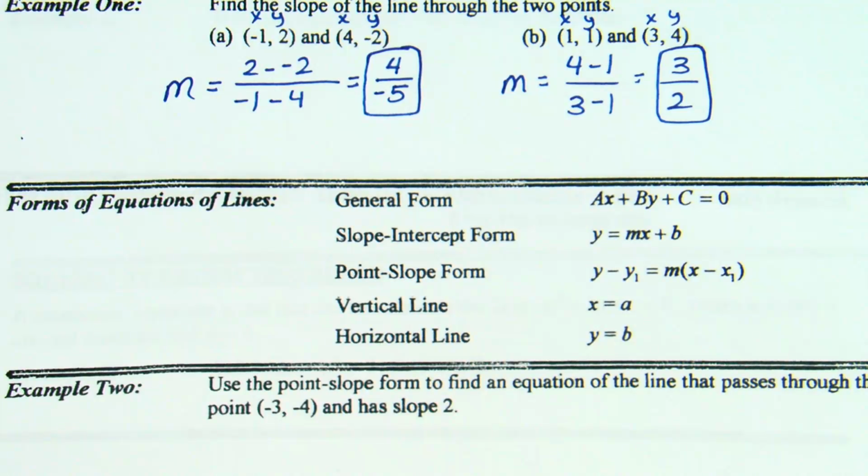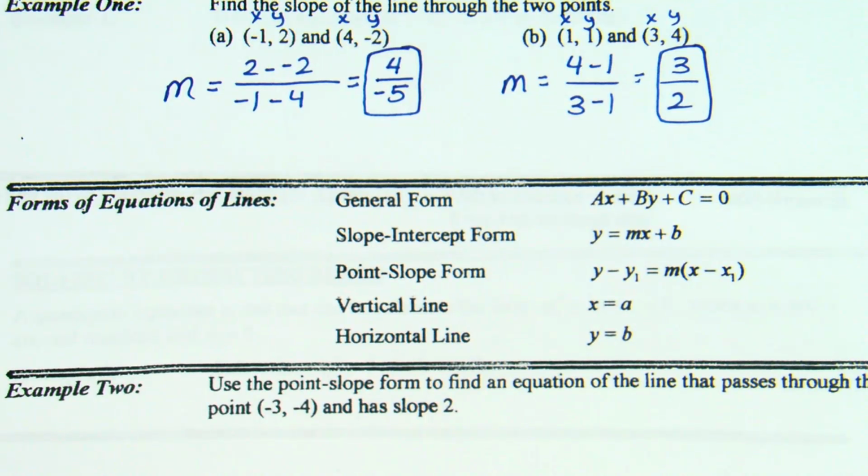Good. Point-slope form. I introduced this last year. Some of you liked it, some of you didn't. But I will definitely be using it at times. y minus y1 equals m times (x minus x1), where m is your slope, and (x1, y1) represents a point.